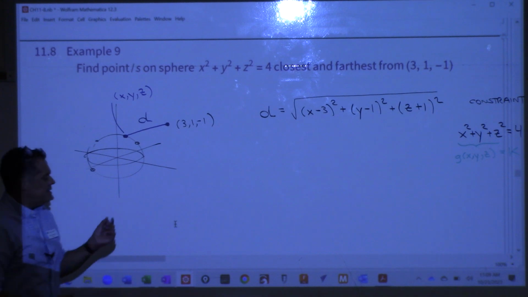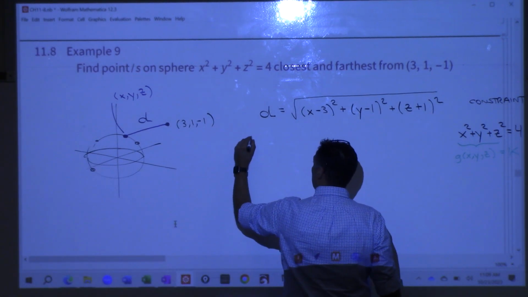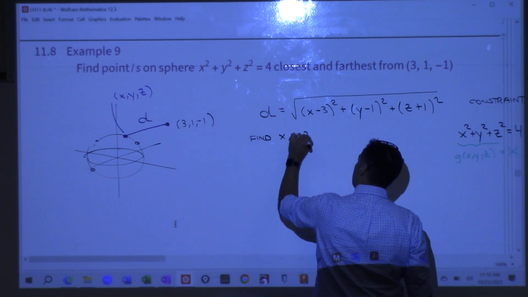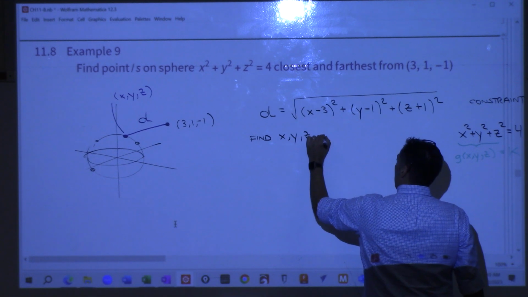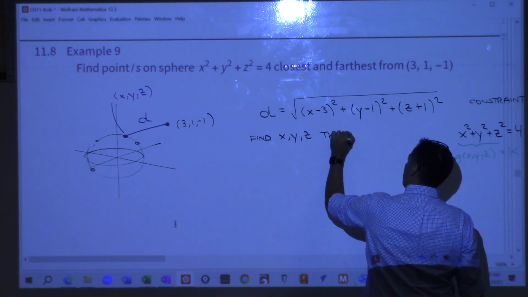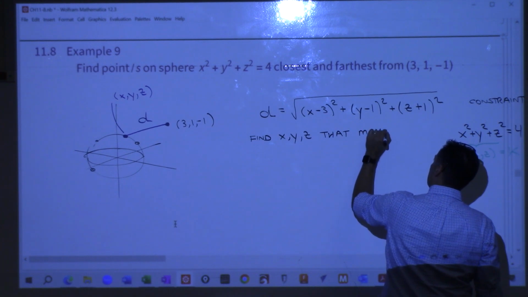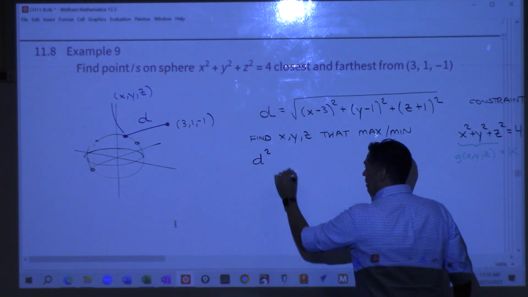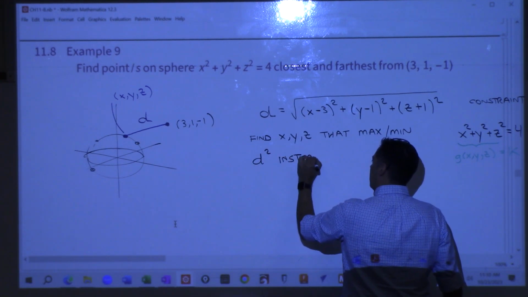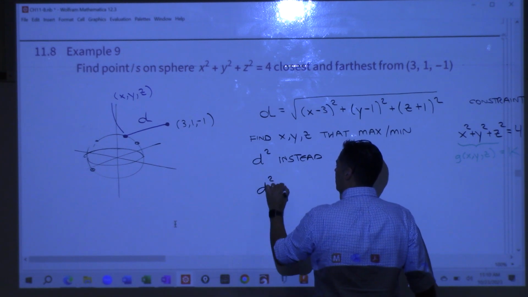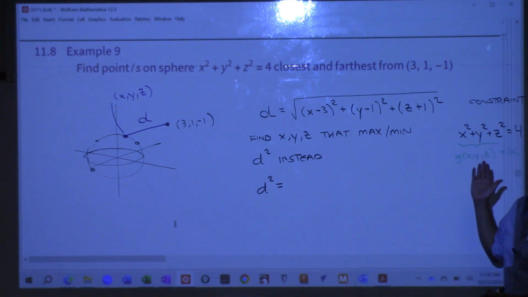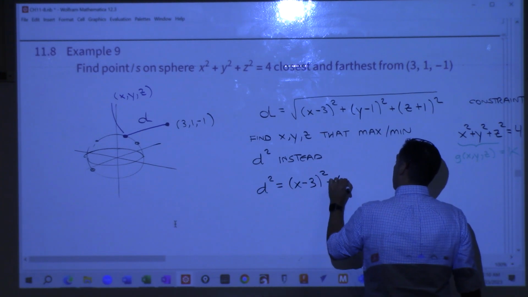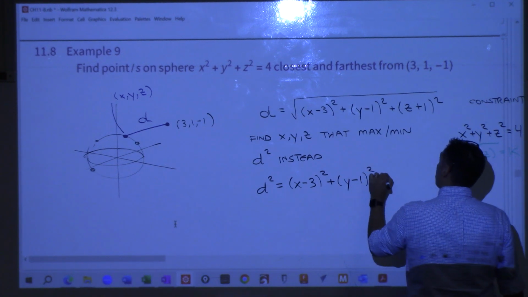So instead of doing this, we're going to try and find the x, y, and z that maximize and minimize d squared instead of just d. So what's d squared? Well, d squared is that expression without the square root, which I would rather work with.